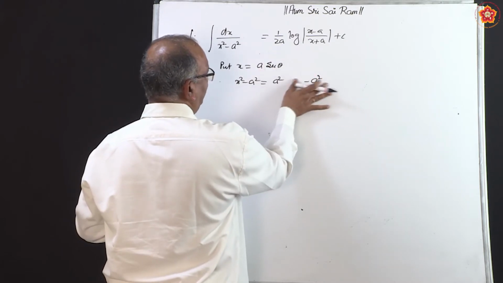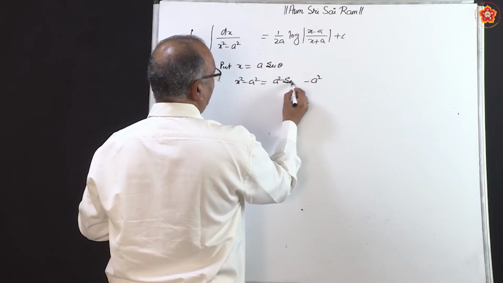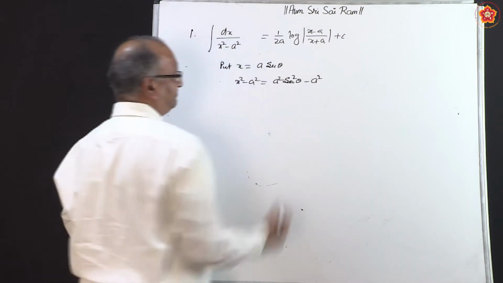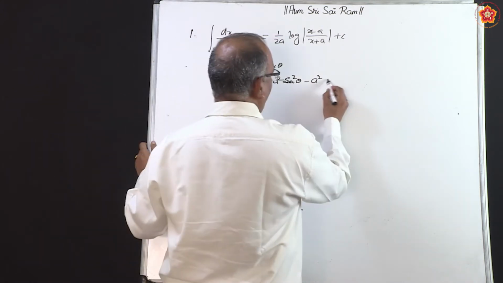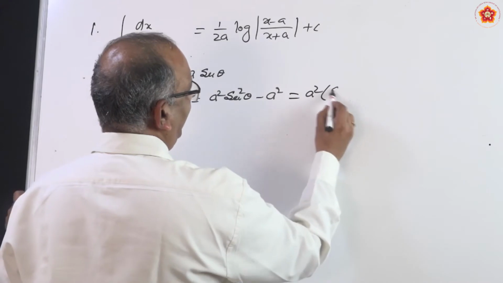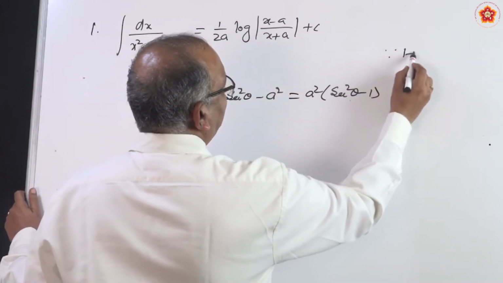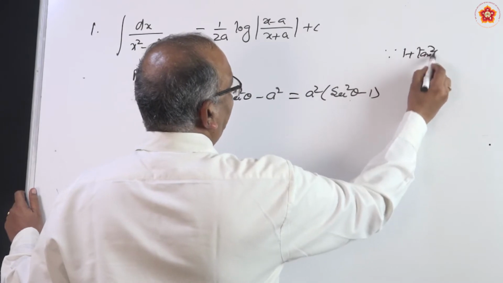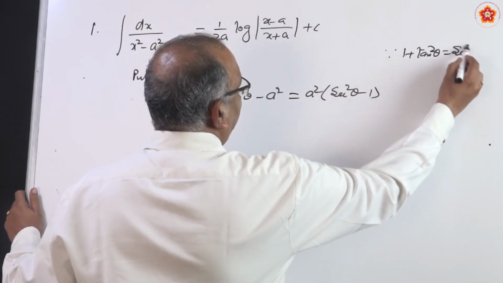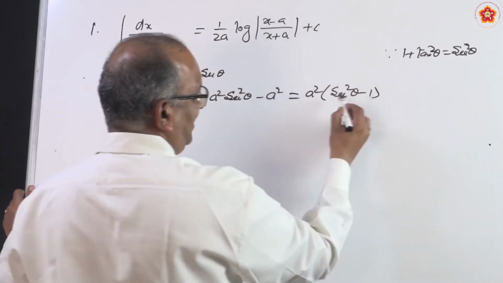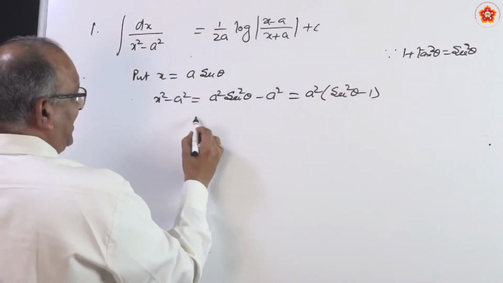What happens in the process? You get a square sec square theta. Now, if you take a square common, you are going to get sec square theta minus 1. Our identity is 1 plus tan square theta equal to sec square theta. So, sec square theta minus 1 can be written as tan square theta.